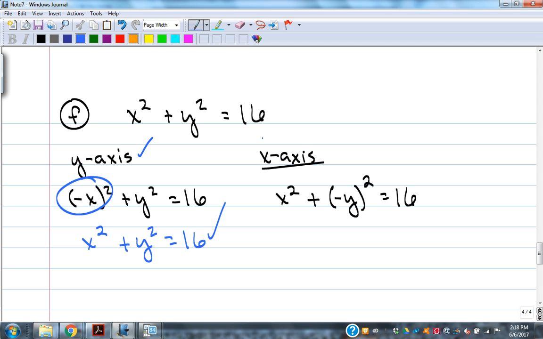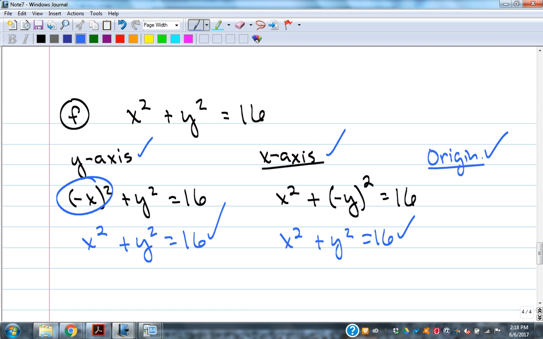Okay. And then, what do you know? The same thing happens. It turns back to positive y squared. So it is x-axis and y-axis symmetric. So that means it has to be origin symmetric. It's symmetric to all three. That particular equation is.